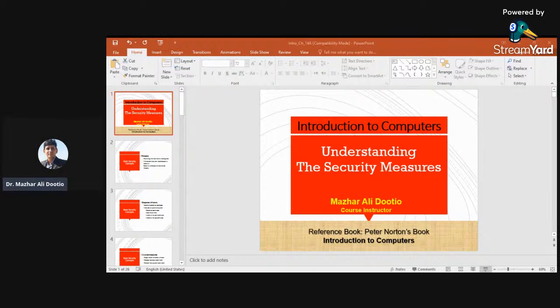For example, you have appointed a security guard at your home. What will the security guard do? The security guard will allow those persons who are recognized by you. Same way, a firewall is like a security guard that will not allow anyone without your permission or whom your system does not recognize.